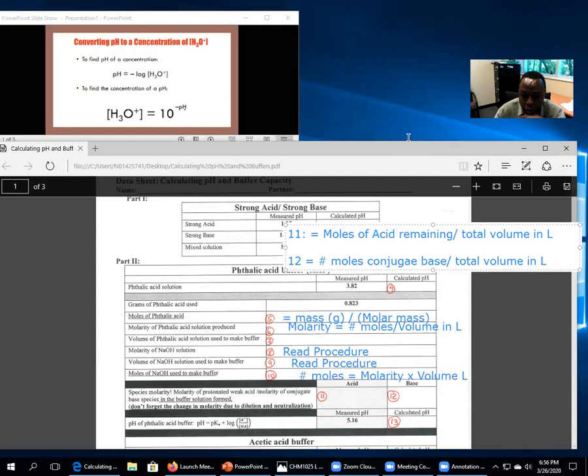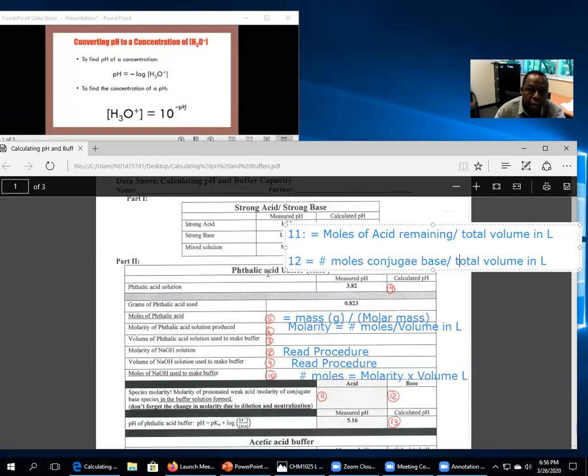Before I walk you through step number 13, let's go back to line 4 here. Remember, phthalic acid is a weak acid. And this molarity, you will end up in line 6 right here.